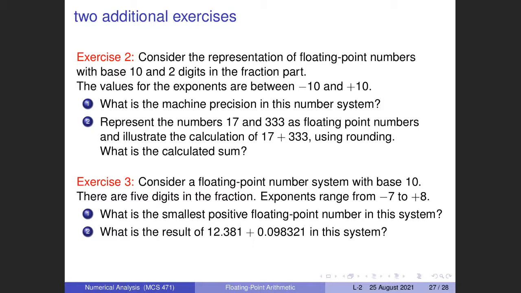Similar with the first part of exercise 3, which is an alternative phrasing. What is the smallest positive floating point number? Again, we have seen a formula for that, the base raised to a power. Now you actually take into account the size of your exponents.